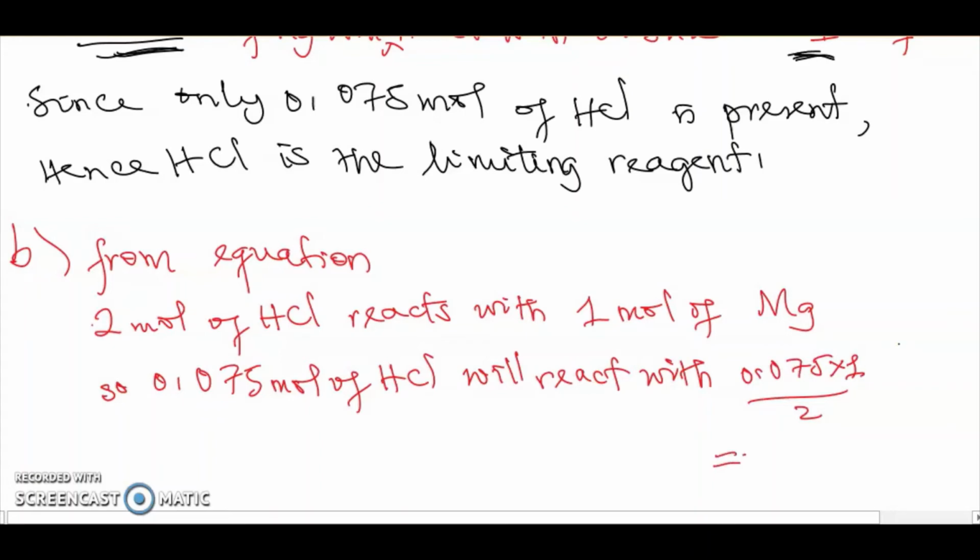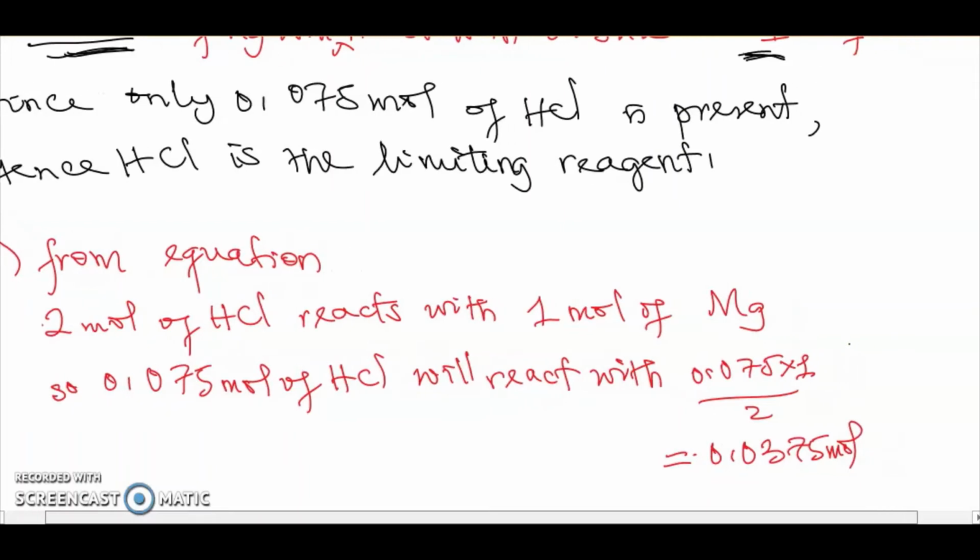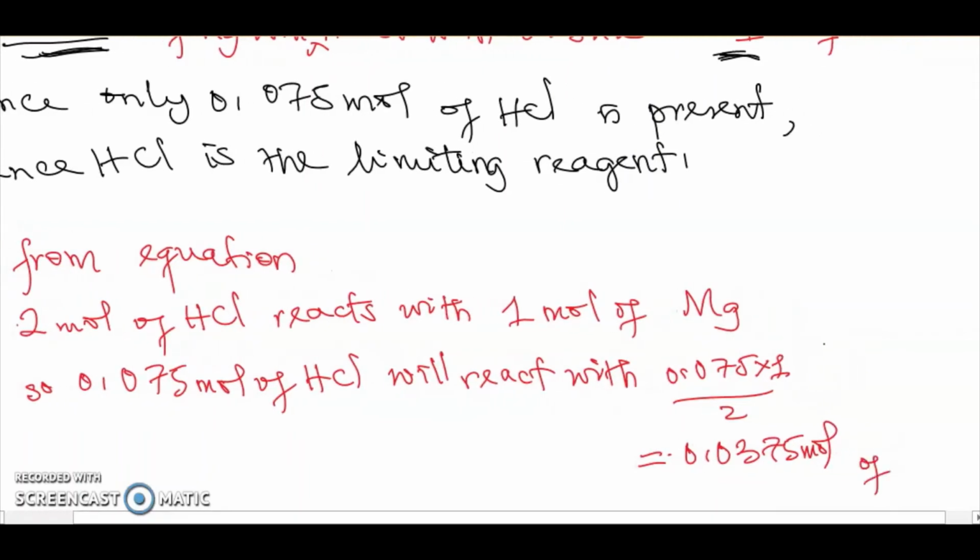It gives us 0.0375 moles of magnesium. So in other words, this is the number of moles of magnesium that reacted with this number of moles of hydrochloric acid.